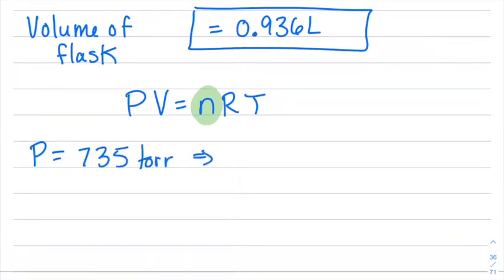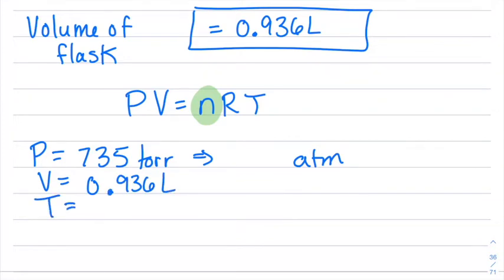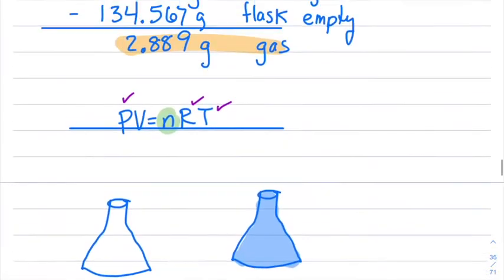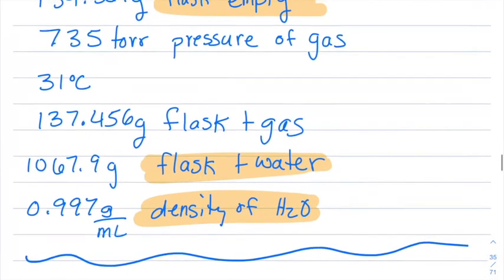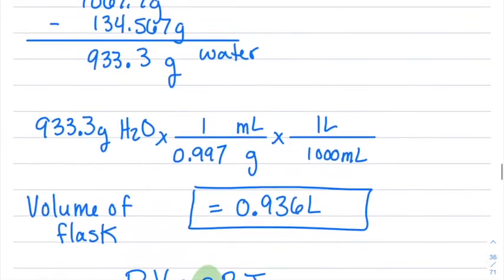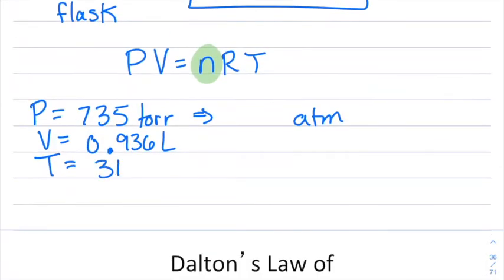Which you all are going to convert into ATM. We've said our volume is 0.936 liters. And our temperature is 31 degrees Celsius, which you're going to be converting into Kelvin. And then R is a constant.